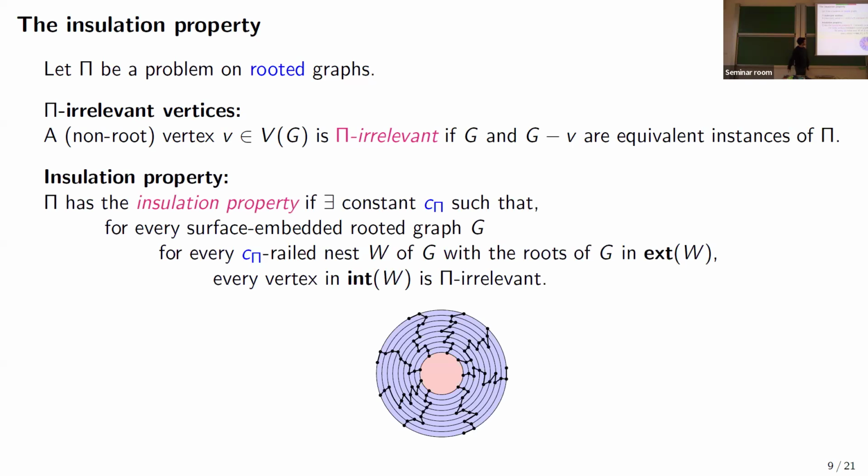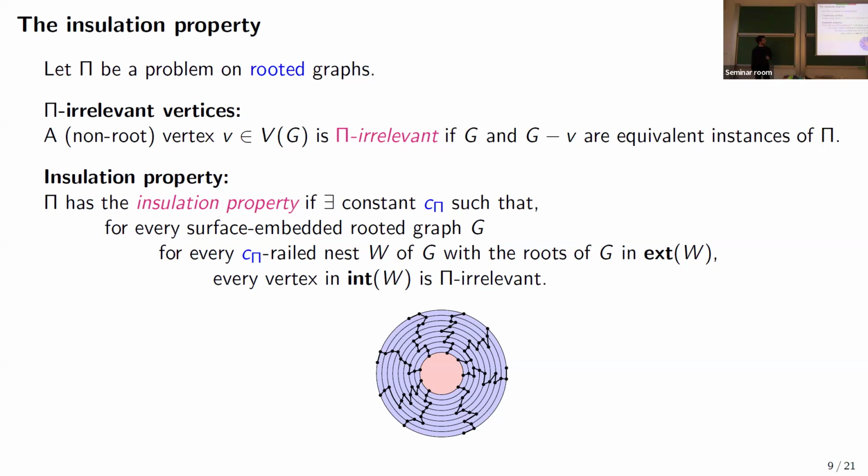And the insulation property is the following. A problem has the insulation property if there is some constant such that if you give me a surface embedded graph and if you give me a railed nest of this graph where the roots are outside this nest, then the interior should be irrelevant.